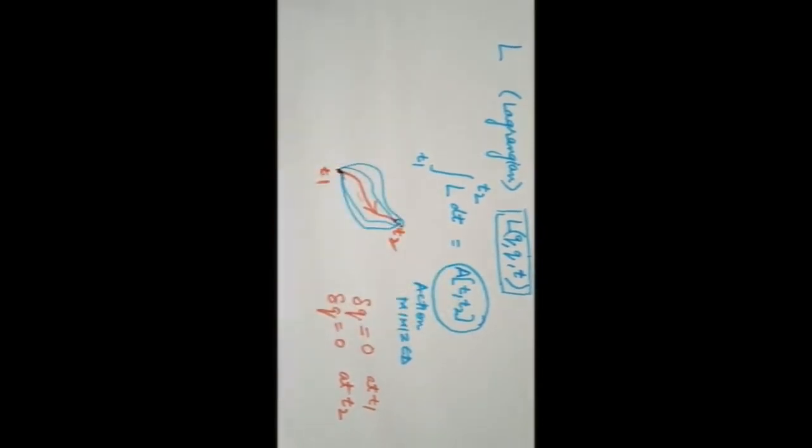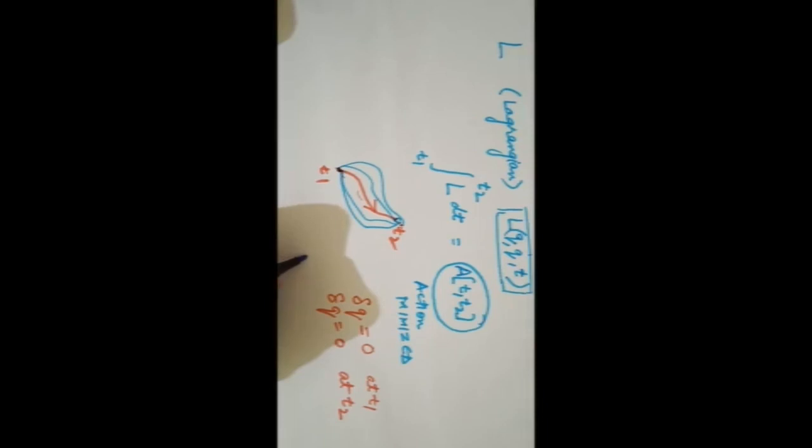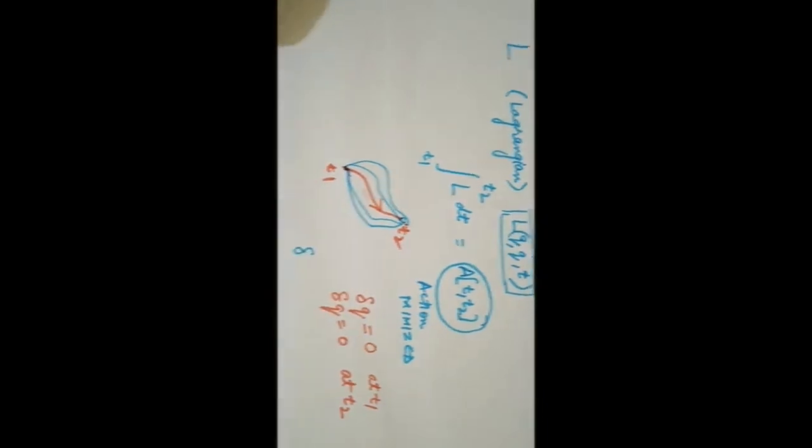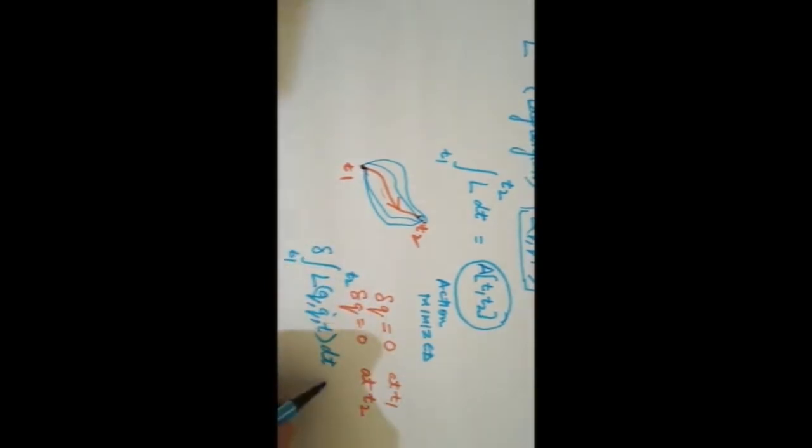But at all other instants between these t1 and t2, I don't know where the particle will be, whether it is following this path, this path, this path, any of these paths. So what do I know? I want to minimize what? I will take the first order variation of this integral of L(q, q dot, t) dt, and this should be equal to 0.